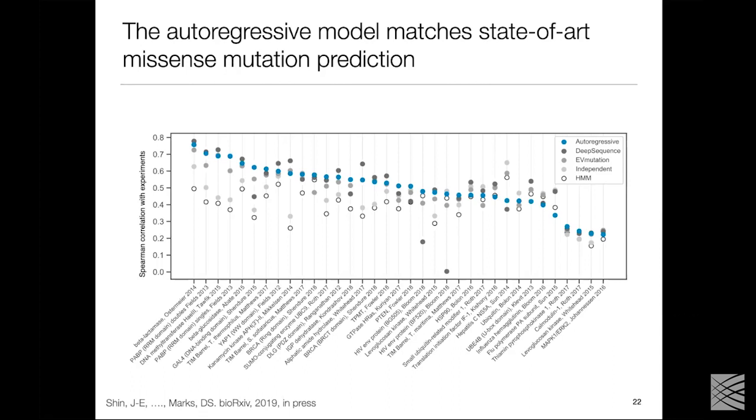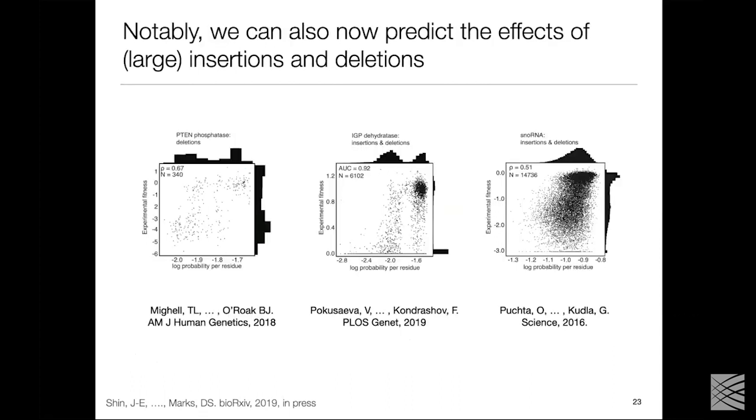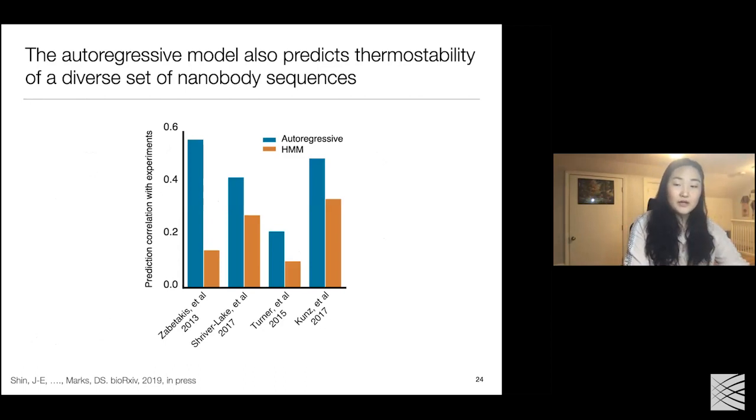And so we saw that it matches state-of-the-art missense mutation prediction. We also saw that we can predict the effects of large insertions and deletions. And very importantly, we were also able to generally predict some thermostability of a diverse set of nanobody sequences.